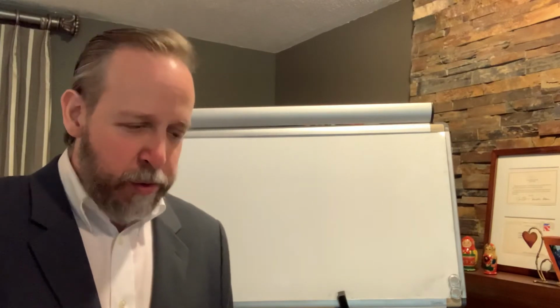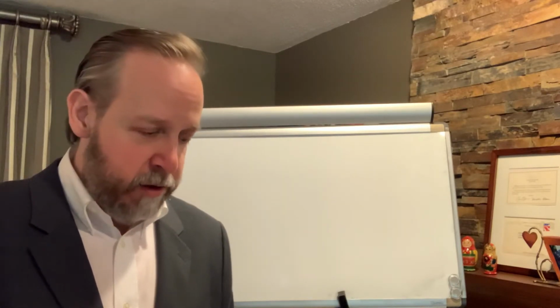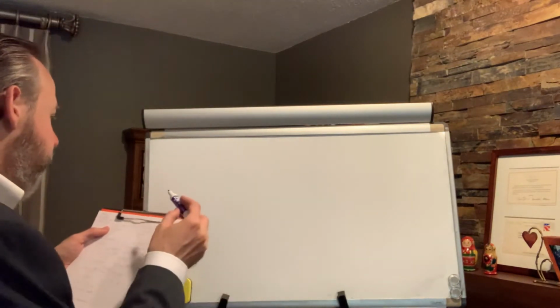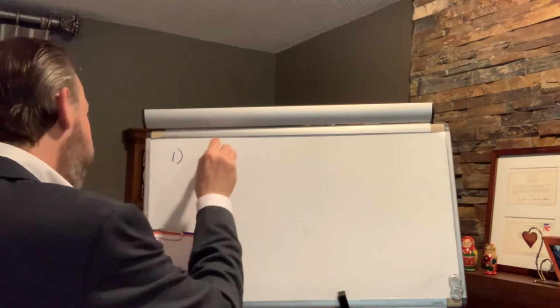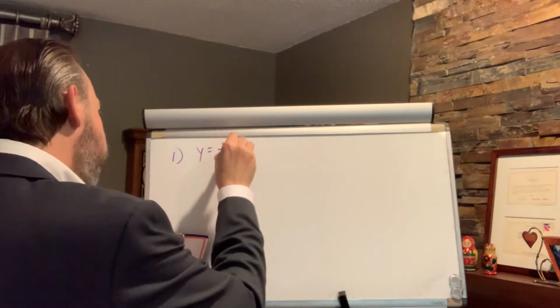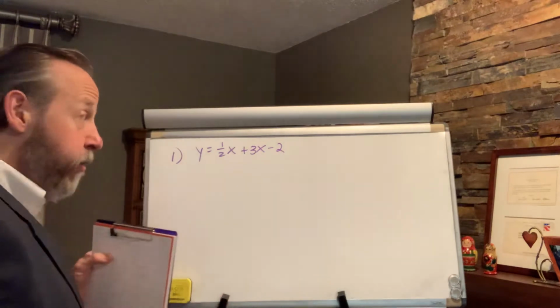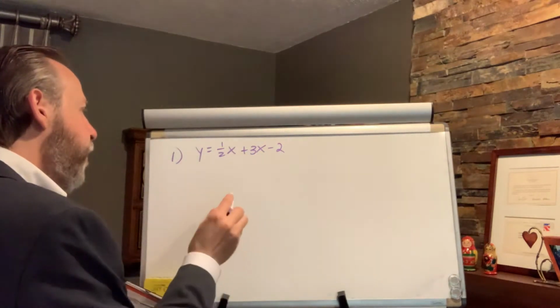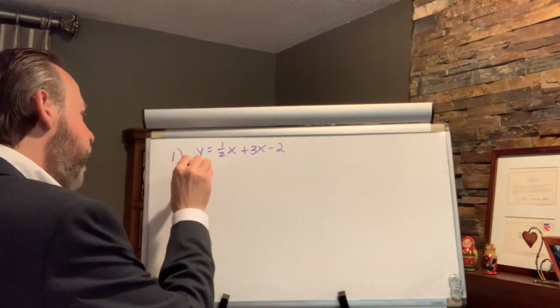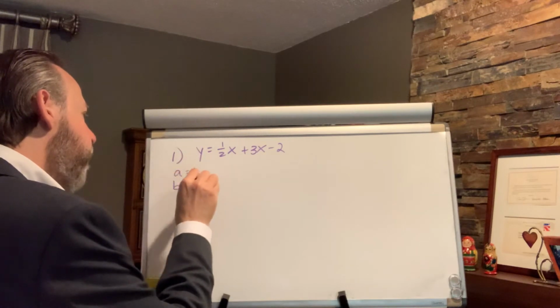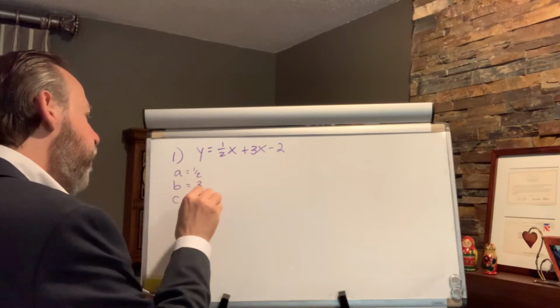All right, so the worksheet for last night asked you to first figure out how many solutions there would be using the discriminant. So number 1, y equals 1/2 x squared plus 3x minus 2. Let's use the discriminant, b squared minus 4ac. Again, a is 1/2, b is 3, c is -2.